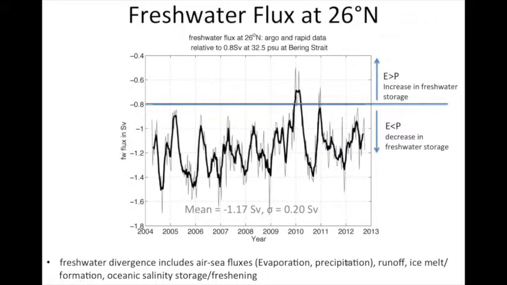On average, the flux across 26 North is minus 1.17 Sverdrups, which means that on average 0.37 Sverdrups of freshwater is being added to the system between Bering Strait and 26 North. So the freshwater is being added, which is equivalent to evaporation being less than precipitation, or a decrease in freshwater storage, which means an increase in salinity. So it's equivalent to those two things. Okay.